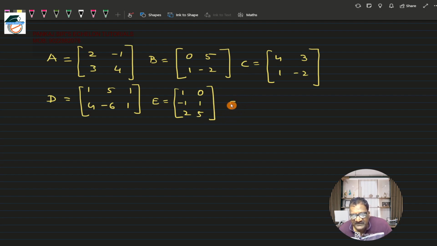Your F matrix is a row matrix, 4 and 5. Then G is 4, 1 and 3.